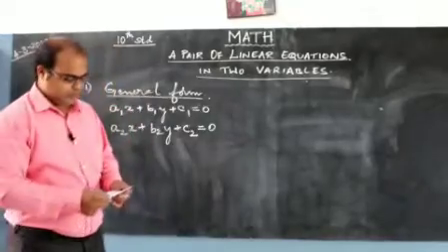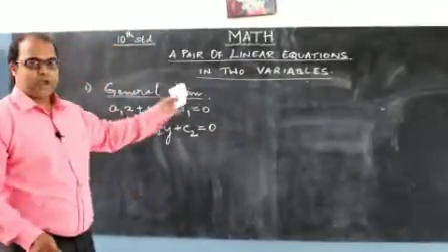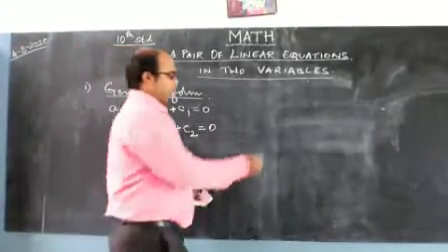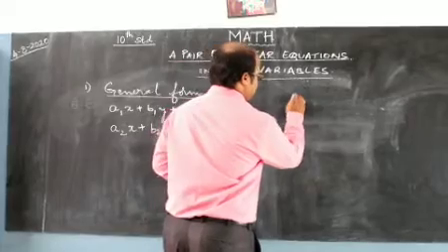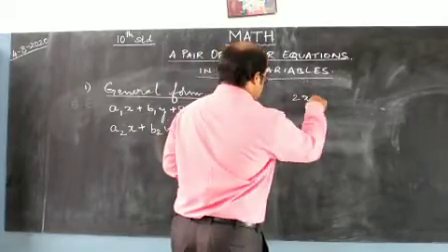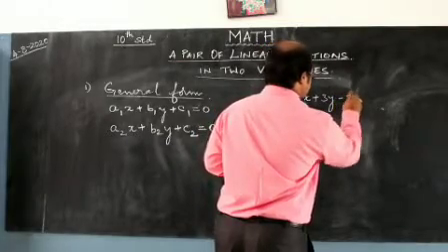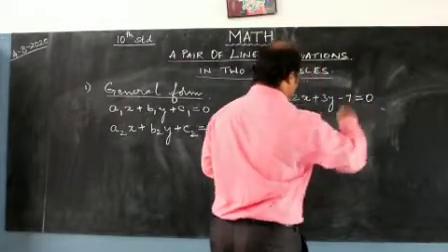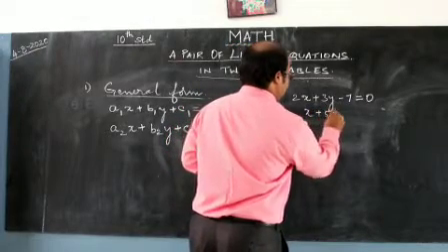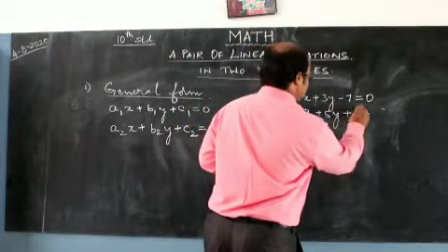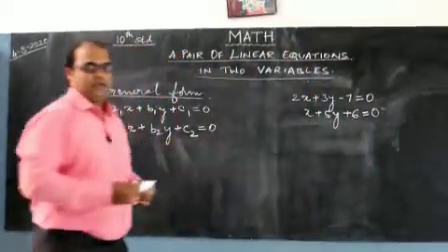Okay. Next, let me give you some examples for this pair of linear equations. See, the examples are 2x plus 3y minus 7 equal to 0, x plus 5y plus 6 equal to 0. Okay, children?